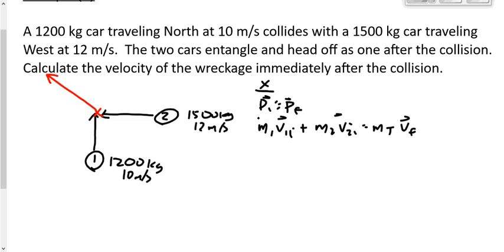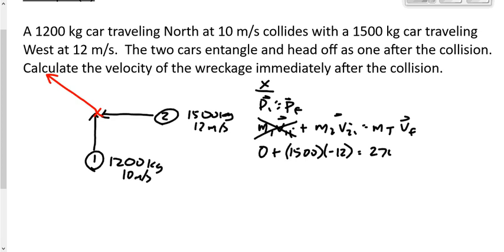So I'm just going to cross that out, or you could put in a 0 for it, or you might not have even written that term because you knew it was 0. That's okay. M2 is 1,500 kilograms. What's V2I? Yeah, almost. Let's make it negative 12.